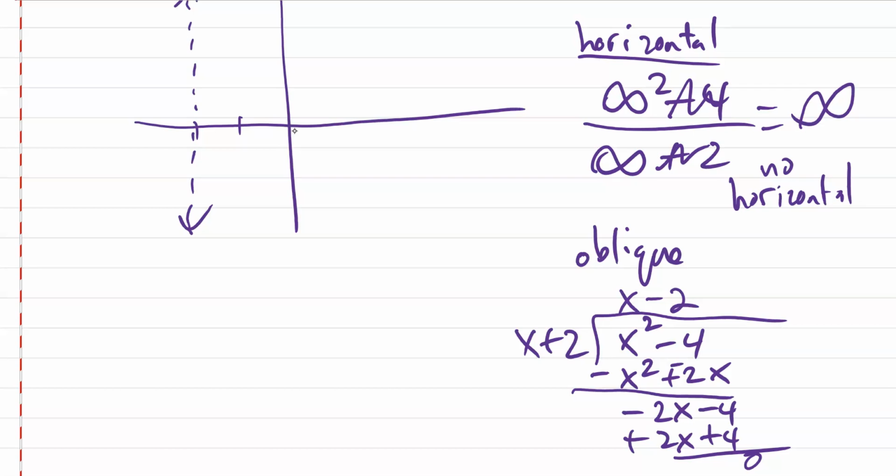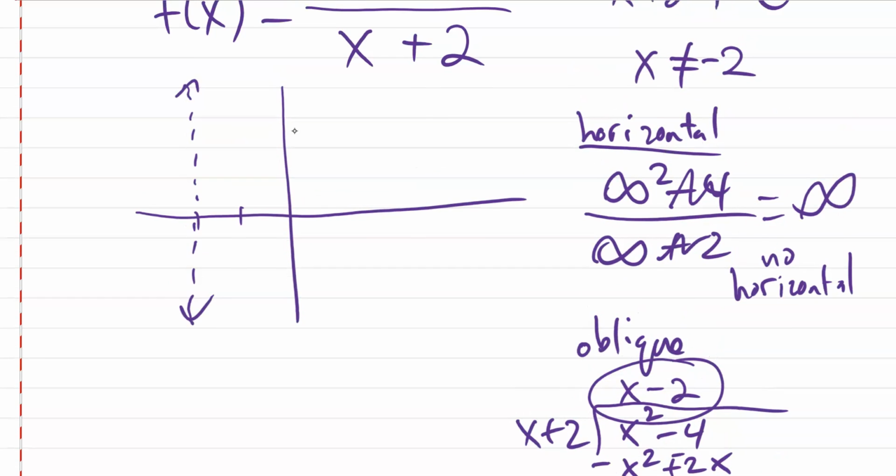This one had 0 remainder, that's weird, but that's still technically an oblique right there at x minus 2. Interesting. So y-intercept of negative 2, and a slope of up 1 over 1.